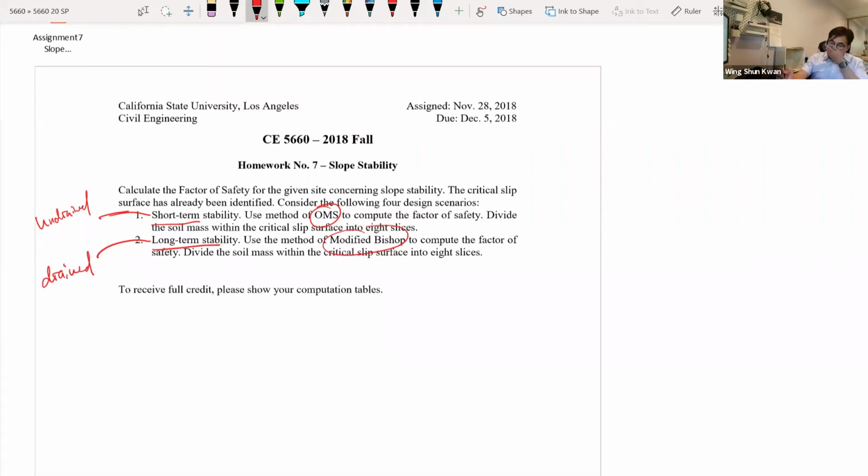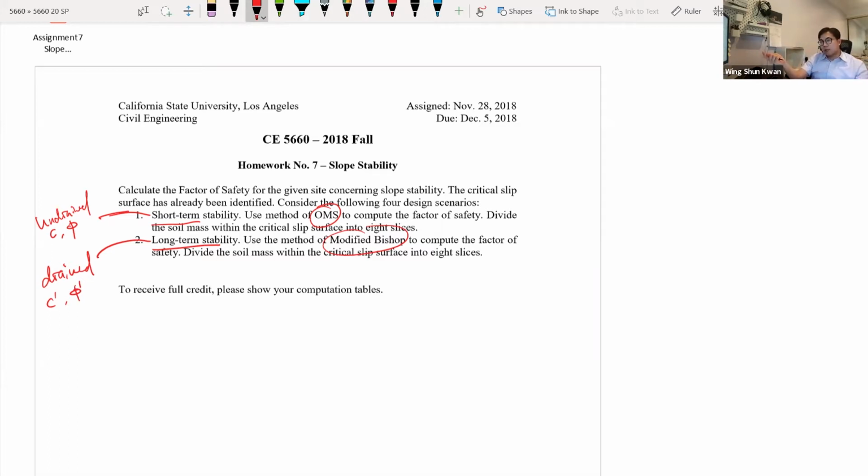So if it is a short term, undrained condition, then you can use the total stress analysis. There's a c and a phi. But if it is a long term, drained condition, then you better use c prime and phi prime. So in practice, you need to do the whole package from the initial phase.